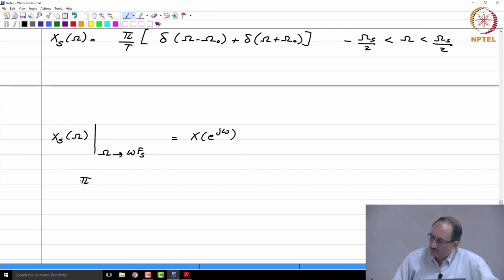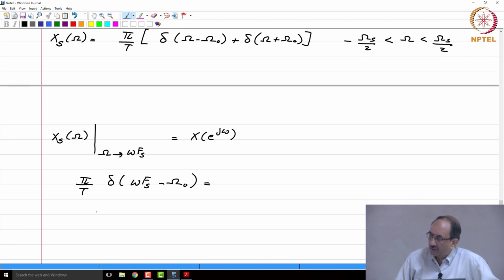Let us look at this particular factor pi by T delta omega minus omega naught, that is cap omega minus cap omega naught. We are going to take cap omega and replace cap omega by little omega times F s minus omega naught. We will just concentrate on the first factor and do the simplification.